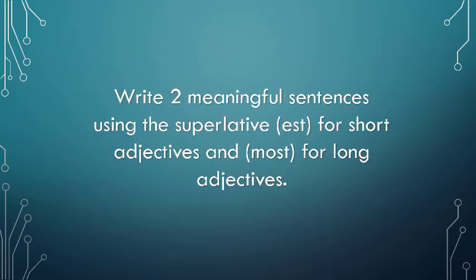Now, after we took these 2 rules, let's check our understanding by answering the following question. The question says, write 2 meaningful sentences using short adjectives superlative est and long adjective superlative most. You will be given 30 seconds to solve this question.